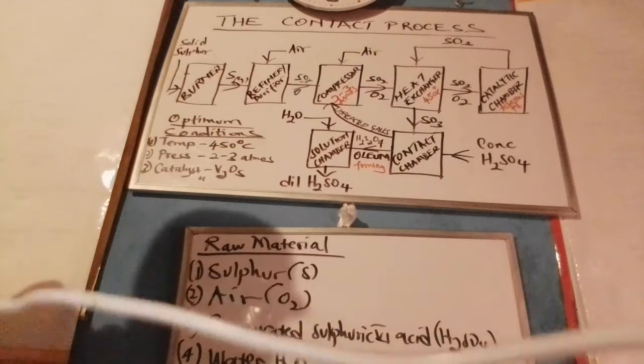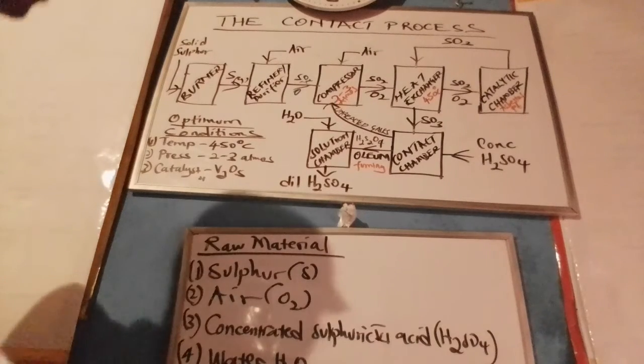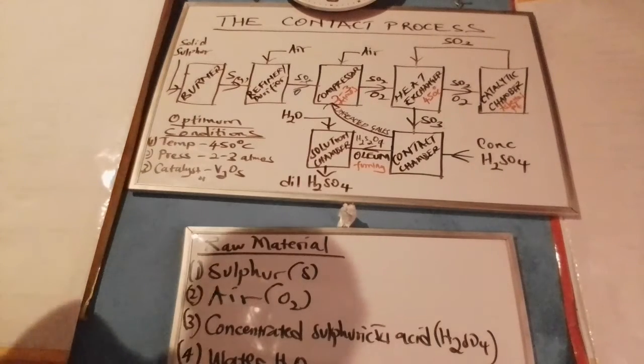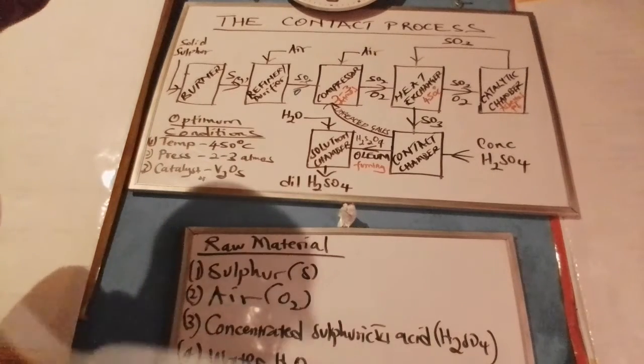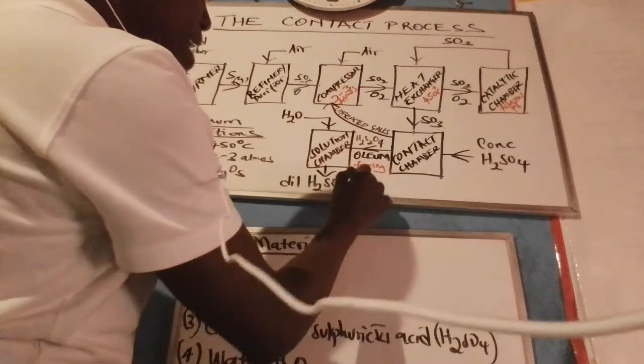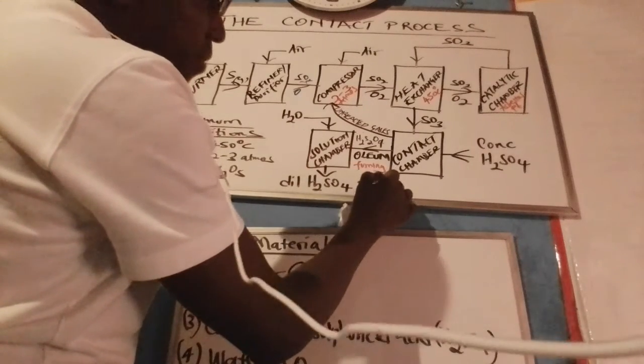The final step is the dissolution of oleum in water in the solution chamber. So oleum meets water in the solution chamber and produces what is known as dilute sulfuric acid, in this case the product of the contact process.